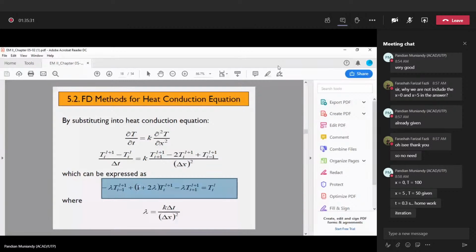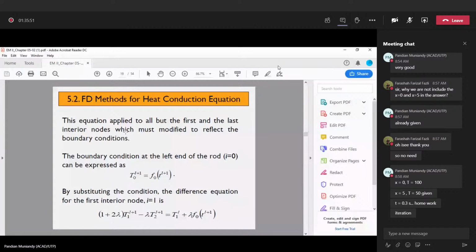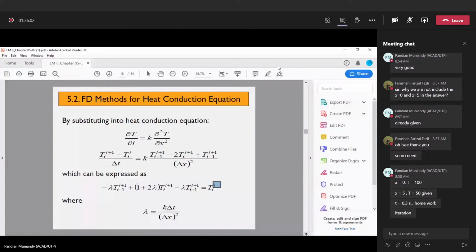The easiest way to memorize it is that the superscript L plus 1 terms are all on one side, and T superscript L is on the right hand side, with lambda equal to K del T over del X squared. Using this, we want to solve the same heat conduction problem. But there is some information here, so we have to do some modification in this equation.